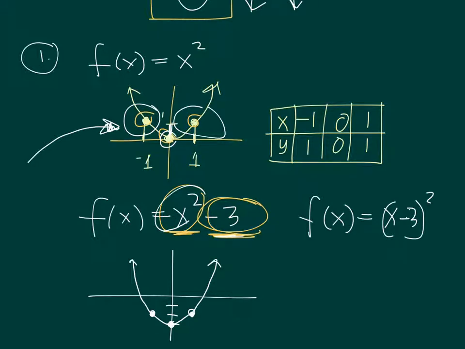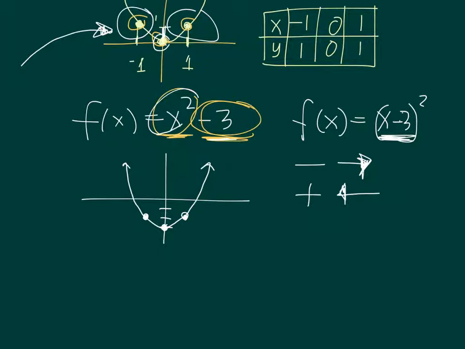Now the effect of subtracting a number from x inside the parentheses: if you subtract a number, the graph will move that number of units to the right. If you add a number to x, the graph will move that certain number of units to the left. So x minus 3 squared will have a graph of x squared moved not 3 units to the left but 3 units to the right.